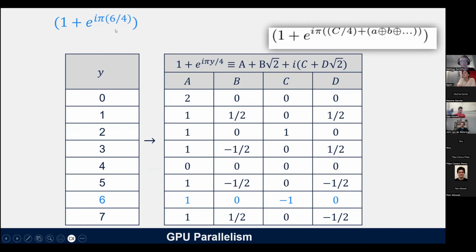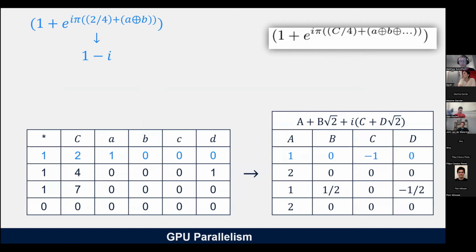So in this example, the coefficient here is 6, so we just say this maps to this mapping, which is essentially to say we're evaluating this expression and it becomes 1 minus i. And so we're doing that for all these rows in parallel, so it's very efficient, very fast.